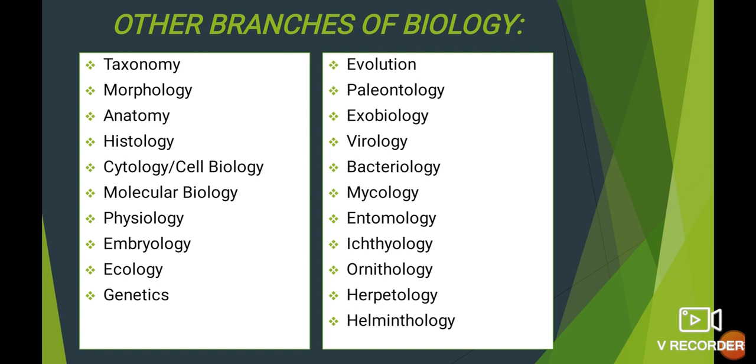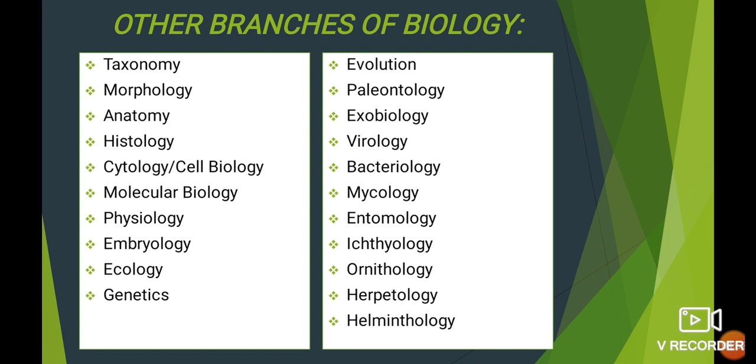So let's start with taxonomy. Taxonomy is the study of naming and classifying organisms. For example, we humans belong to a hierarchy, what we call binomial nomenclature, wherein there are levels.